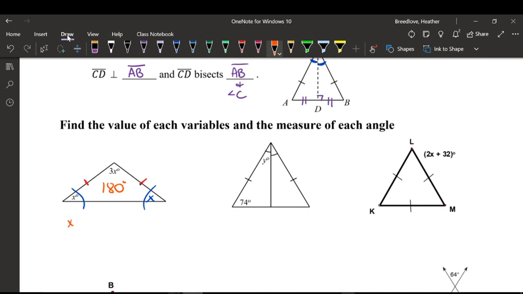So I have x plus 3x equals 180, which is 5x, right? 5x equals 180. So if I divide that by 5, then I get that x equals 36 degrees.